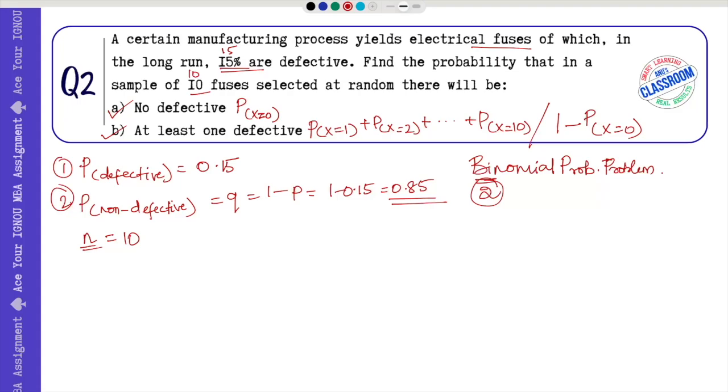The probability of a defective fuse is 0.15. This is a constant. The trials are independent. Just because one fuse was defective, does it tell anything about the other fuse? No. Each fuse being defective or not doesn't affect any other fuse. Correct. So that is why we are saying this is a binomial problem.